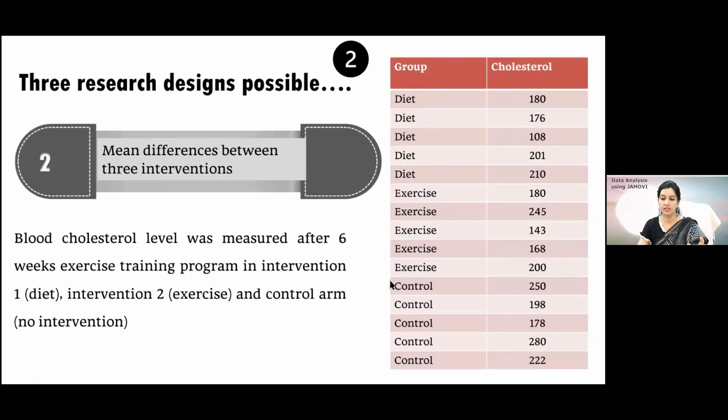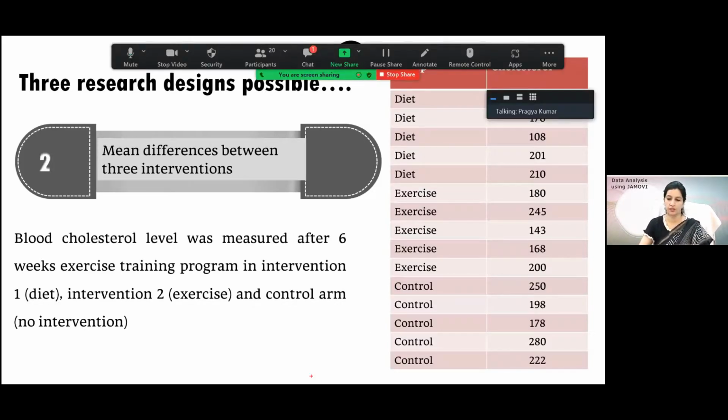This is the control arm, this is the exercise group, and maybe this is the diet group. So there are 3 groups, and this is the value of the blood cholesterol which I measured after 6 weeks of all these 3 conditions: exercise, no intervention, and diet.